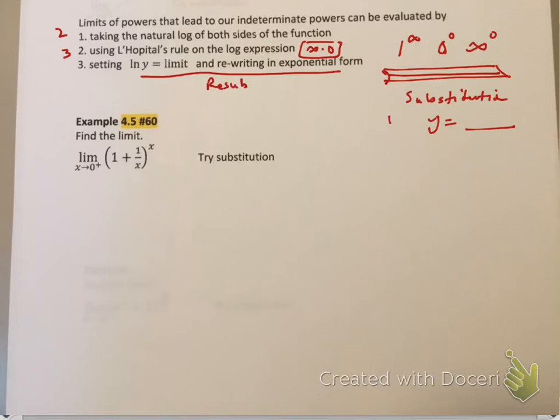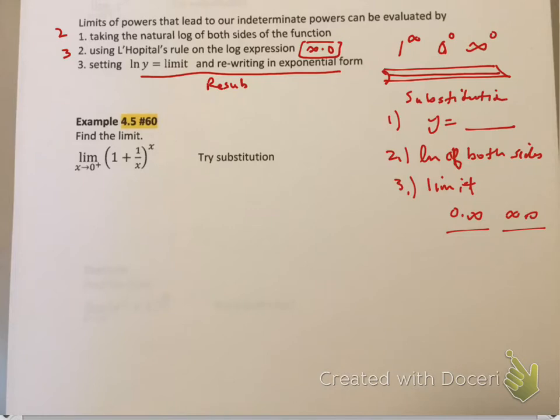So, if I had to write the steps here, I would substitute. I would take the natural log of both sides. I would look at whatever limit situation I have, and it is usually 0 times infinity or infinity times 0, and that requires you to rewrite it as a fraction.